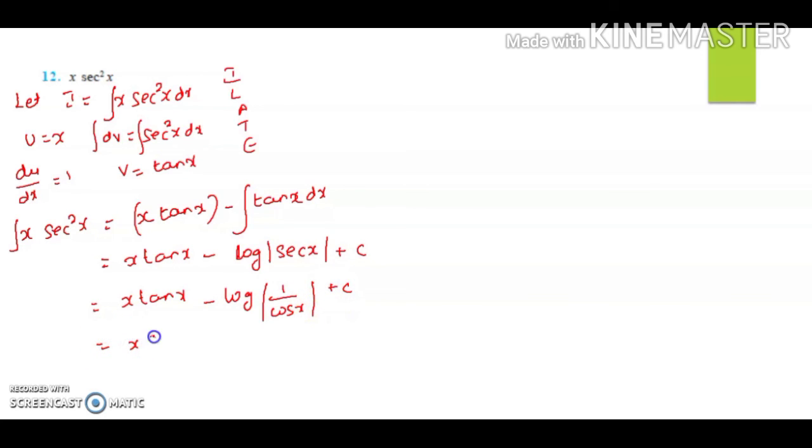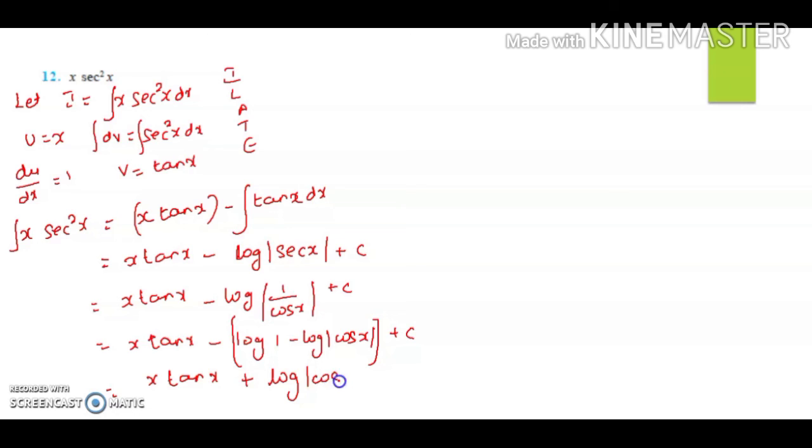So this is equal to x tan x minus log, this is in a by b form, so log a minus log b, plus c. So x tan x minus, what is the value of log 1? It is 0. So now we have minus into minus is plus, log modulus cos x plus c.